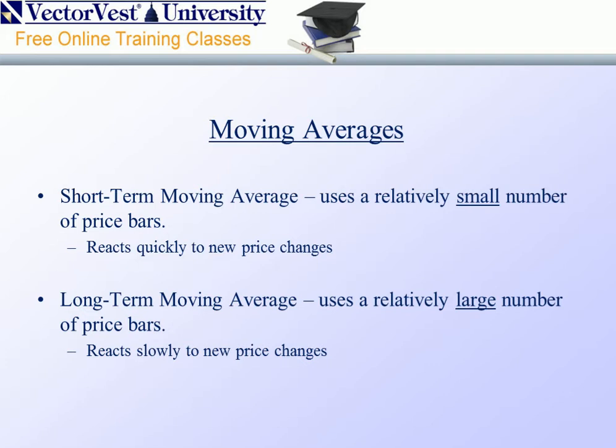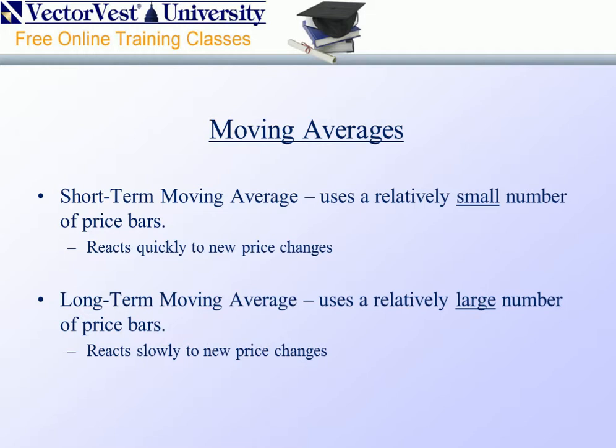When analyzing moving averages, traditionally you're looking for market entries and exits by analyzing for crossovers. A short-term moving average uses a relatively small number of price bars, in other words, say a 5 or a 10, and this reacts very quickly to new price changes.